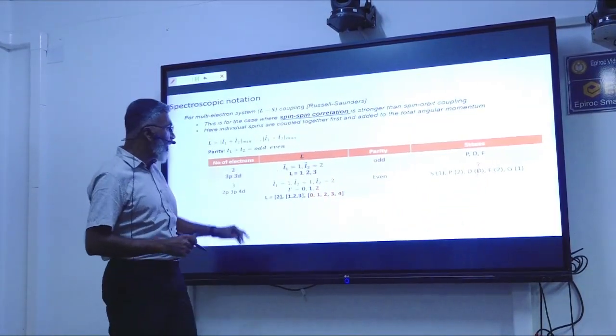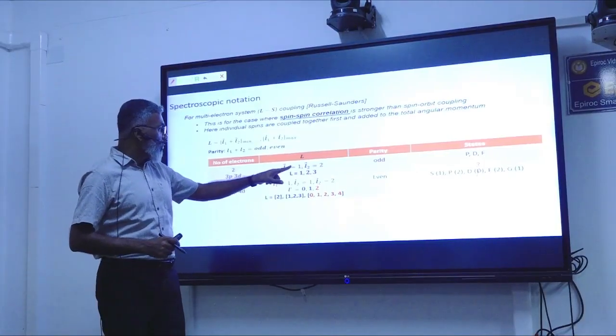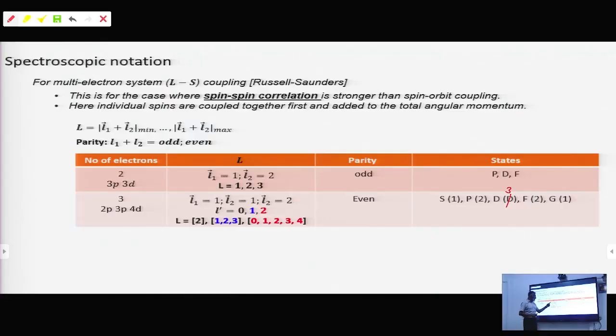Okay. Now, so 1 and 2, how do you combine this? You have L1 minus L2, very simple. Then you get 1 minus 2, which is minus 1, and plus 1. So the minimum is 1, and the maximum, 1 plus 2, is 3. So it's from 1 up to 3 with steps of 1. So 1, 2, and 3. So we have the combinations.